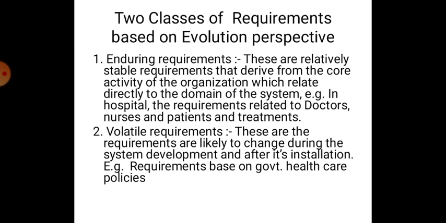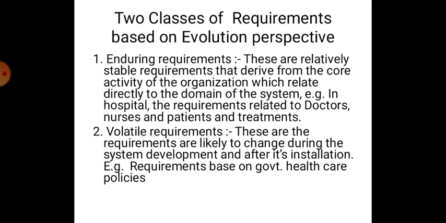There are two classes of requirements based on the evolution perspective. One is enduring requirements and the second is volatile requirements. First we will consider enduring requirements. These are relatively stable requirements that derive from the core activity of the organization, which relate directly to the domain of the system.